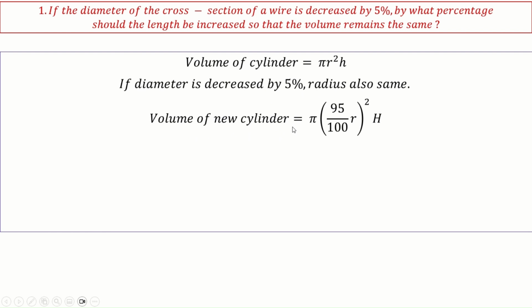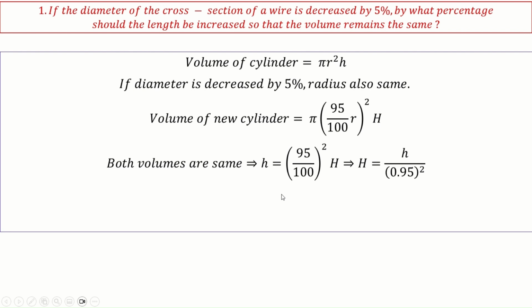So volume of the new cylinder is pi (95 by 100 r) whole square, new h. We need to calculate this new h, and the volume will remain same, correct? So if I equate both of them, I will get the new h as h by 0.95 whole square. Okay. So this is the new height.